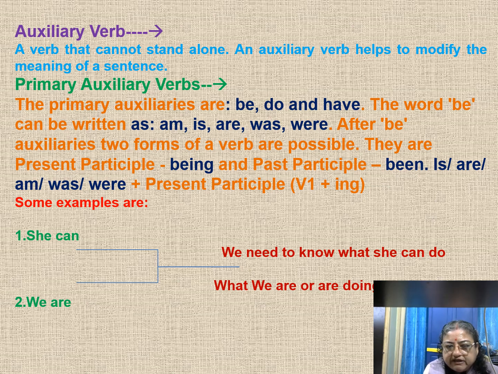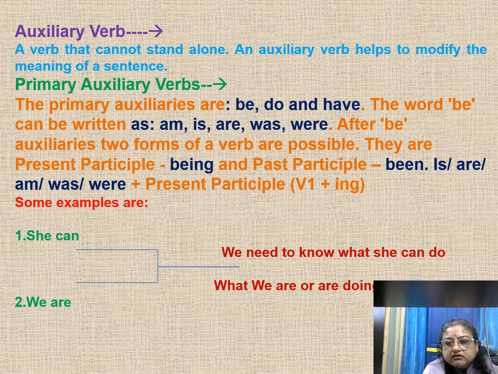If I use doing, the present participle form, we cannot use doing alone in a sentence. We need another verb. Here we is plural, so we use are: "we are doing."